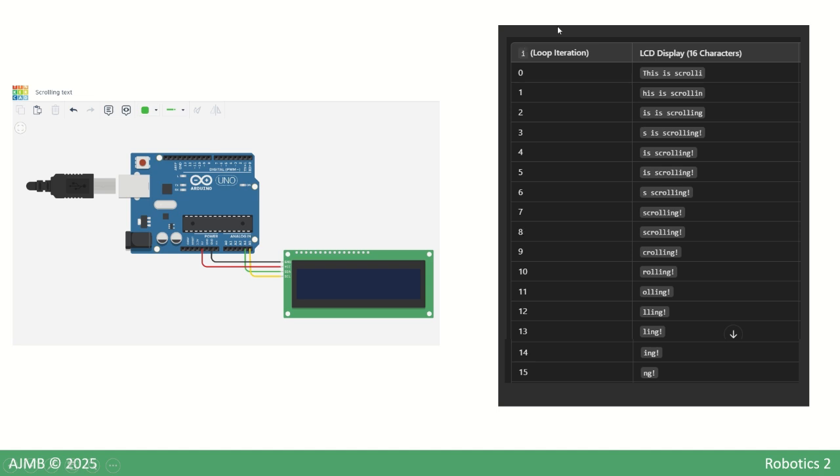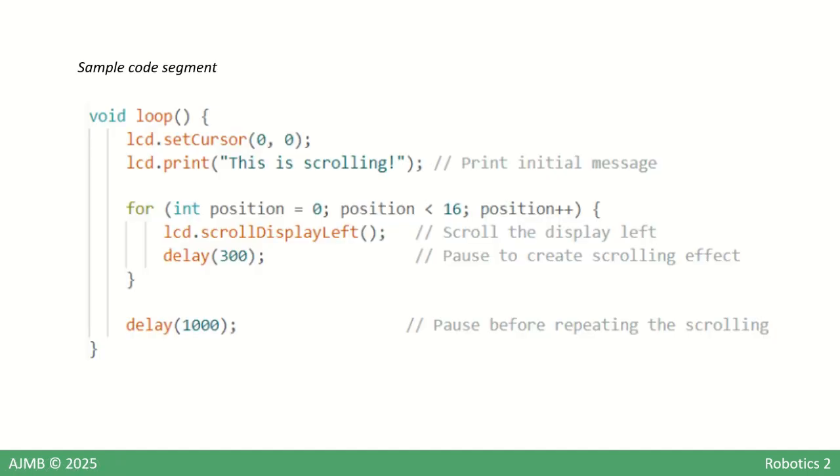Your program will do the iteration from 0 to 15, which, including 0, would be 16 times. The loop will be performed 16 times since the width of a 16 by 2 LCD is 16 characters held at a time. This is a sample code segment using the scrollDisplayLeft function.